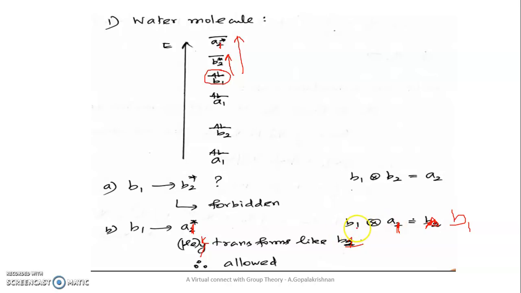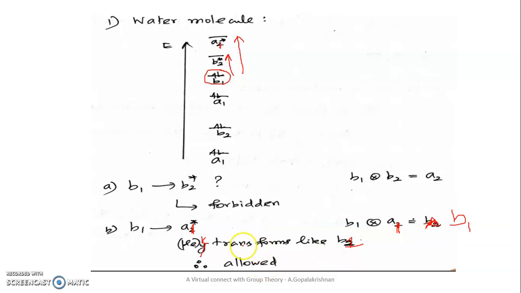So the direct product of B1 and A1, since A1 is totally symmetric, B1 into A1 will give you B1. Now along B1 in the character table, in the third column we have X. So that means mu X, the electric dipole in X, transforms like the B1 representation. Therefore the transition is allowed.